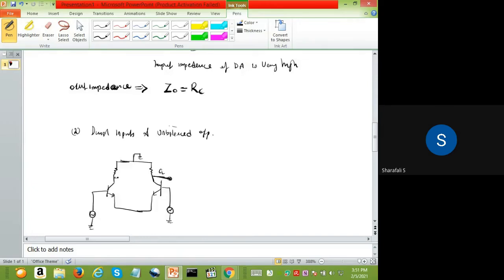Considering only C2, we are not considering this terminal.